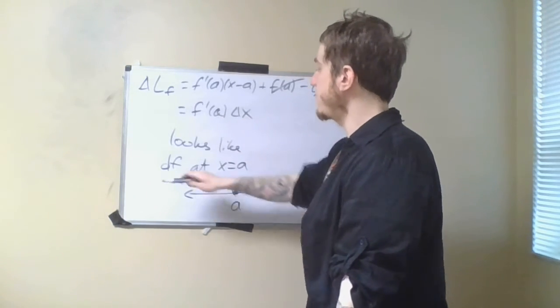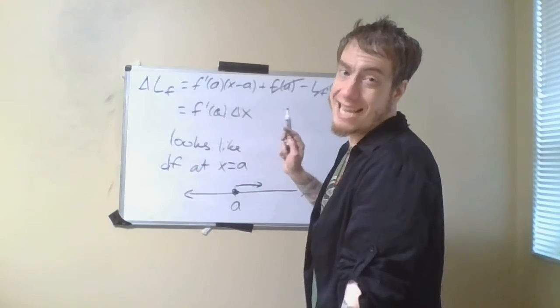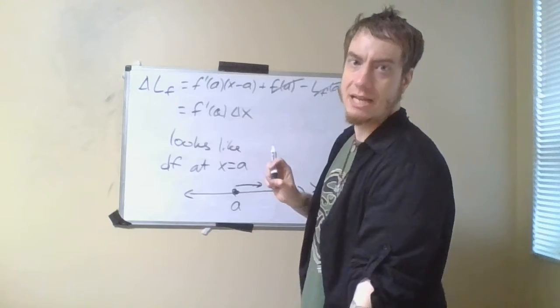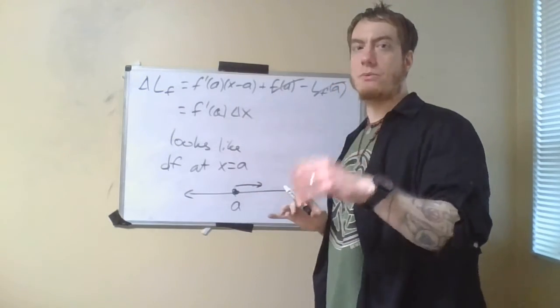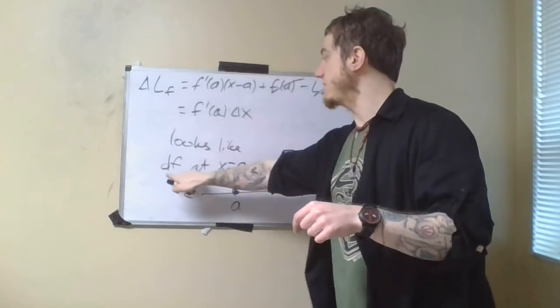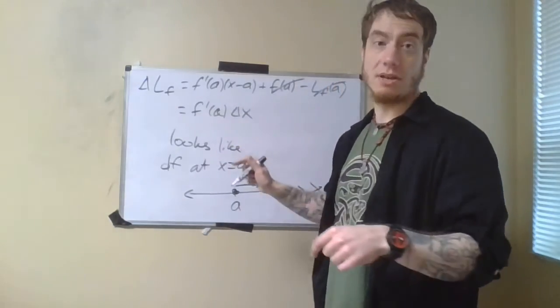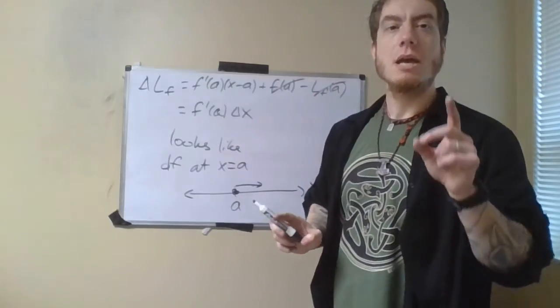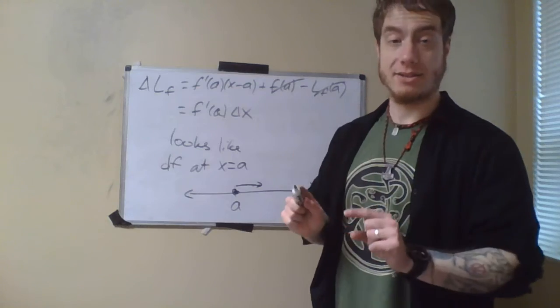But I don't want you to think that dx is literally the change itself, because it's not exactly the change itself. It works out that in practice you end up replacing the dx with a delta x.